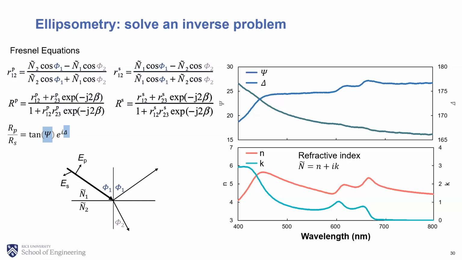What you measure is psi and delta, and then you need to solve the inverse problem to obtain N and K. If you look at the Fresnel equation, it's not trivial. There's no analytical solution for this inverse problem, and therefore we need to use some model fitting method to obtain N and K.